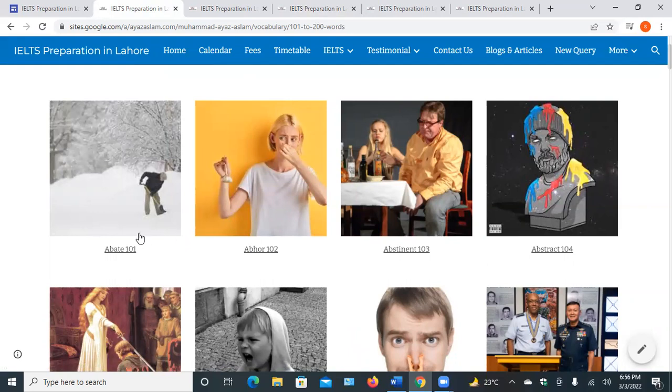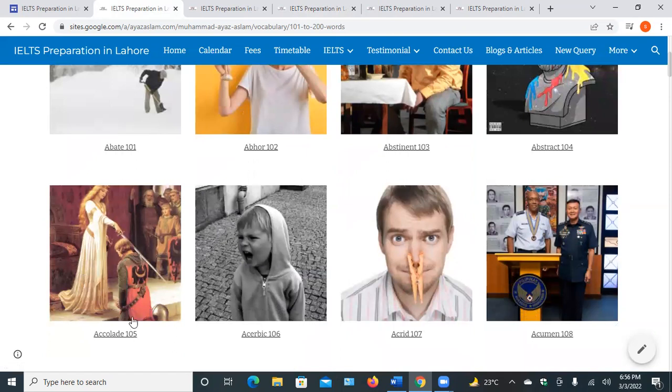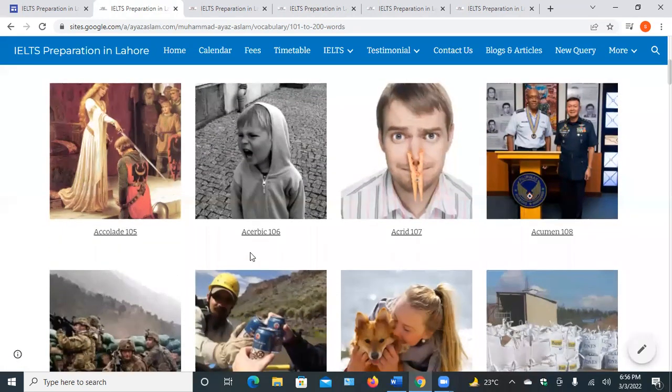Abate. It means reduce or decrease the intensity of something. Abhor. It means hate, despise. Abstinent, self control. Abstract, conceptual, theoretical things. Accolade, praise, appreciation. Acerbic, sharp attitude, acerbic style.